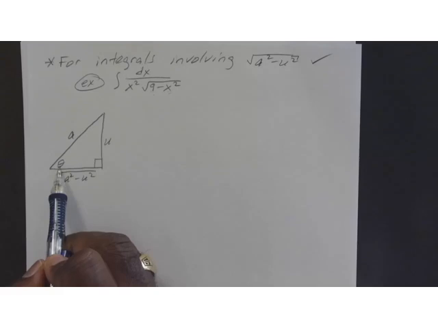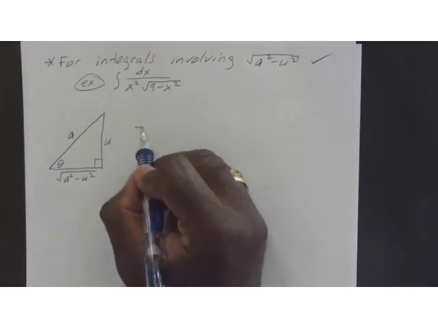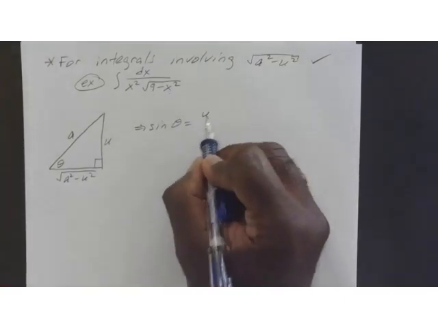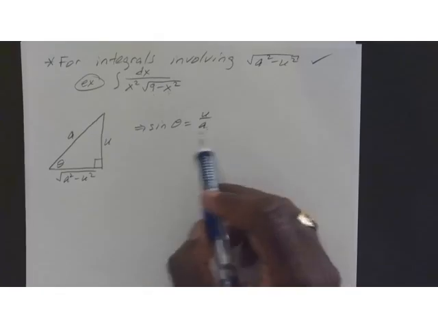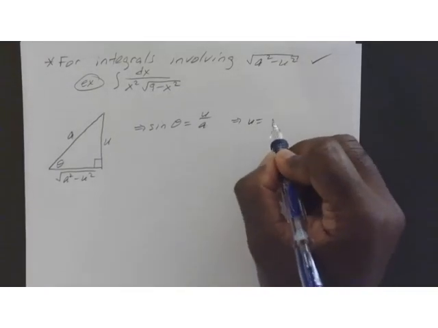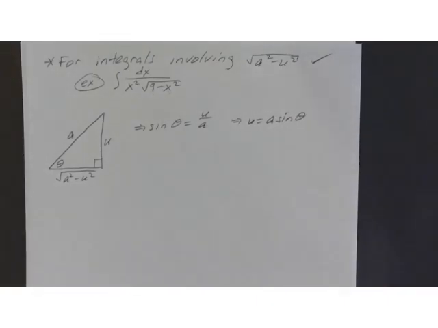So we know this is your angle, sine is equal to the opposite over the hypotenuse. So in this case, sine of theta is equal to u over a. So if we multiply both sides by a, we have u is equal to a times sine of theta.